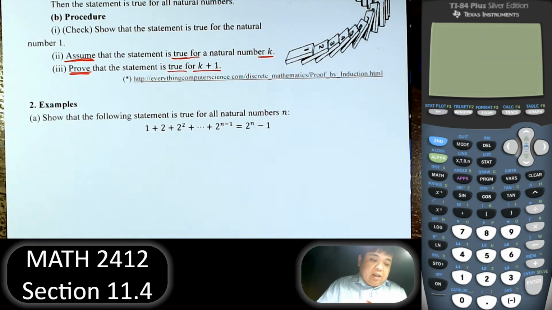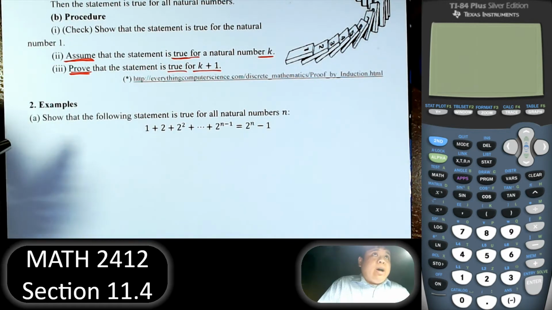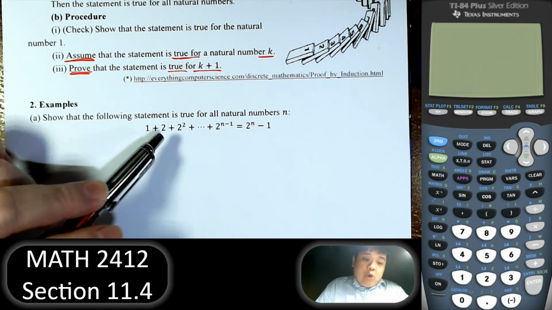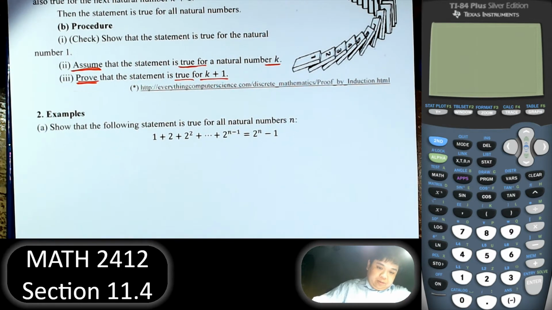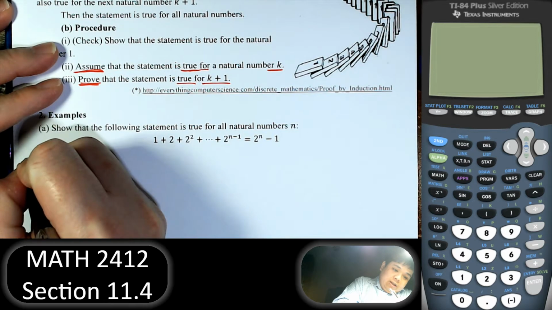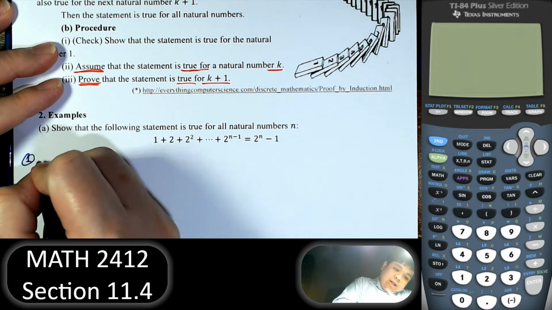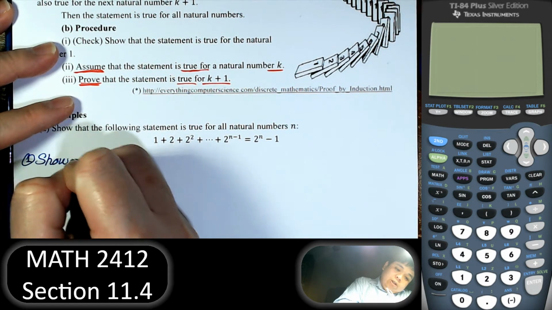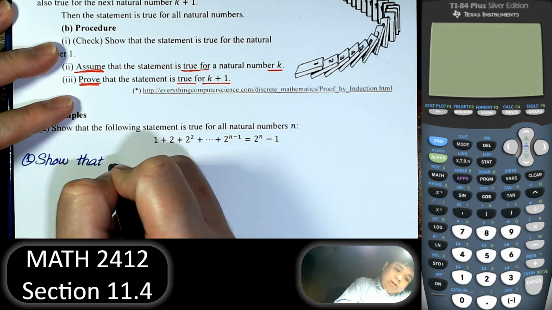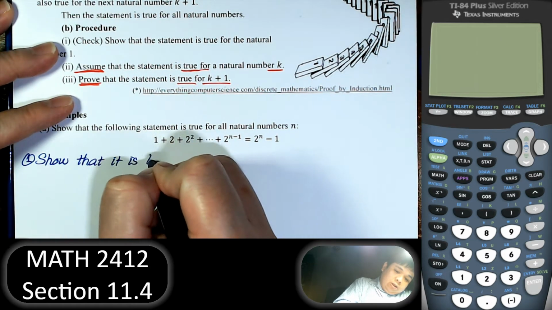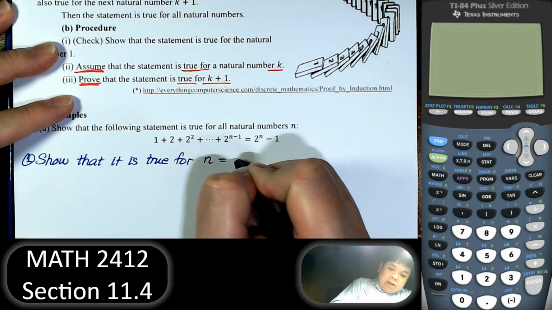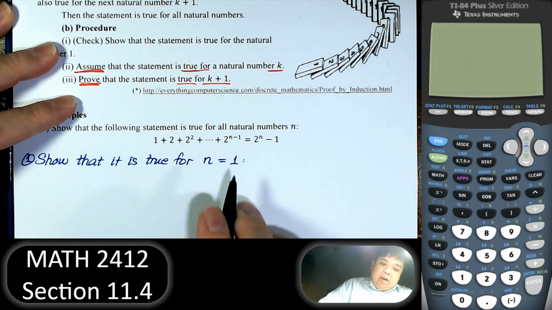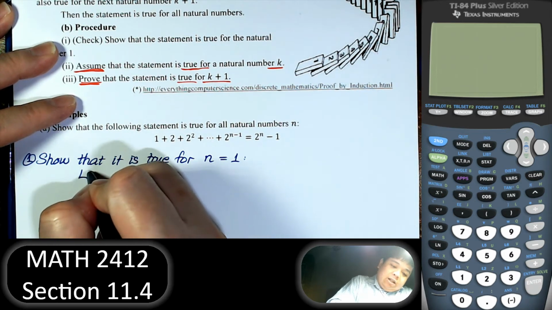Right, so let's look at the first example here. Show that this statement is true for all natural numbers n. So there will be 3 steps. First, show that it is true for n equal to 1. For n equal to 1, the left hand side is equal to what?